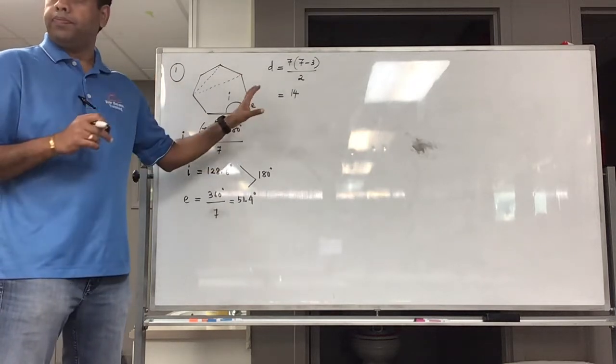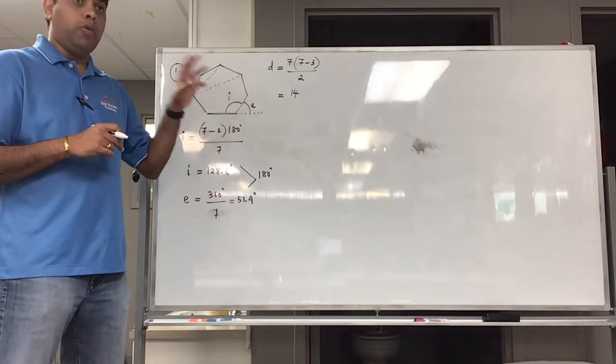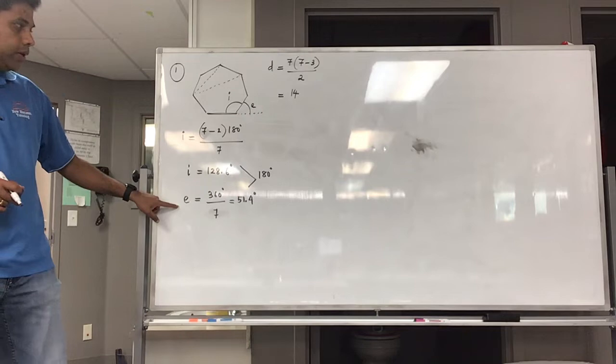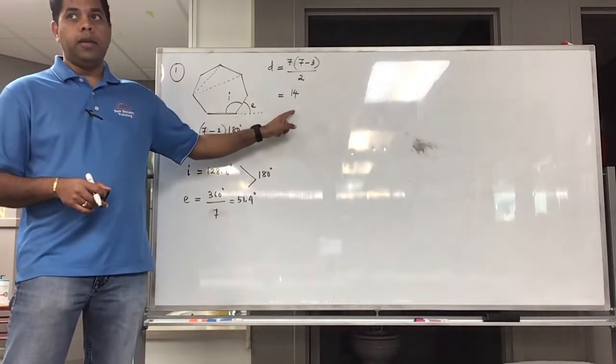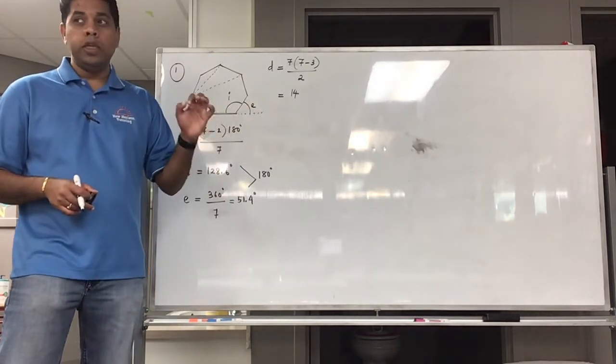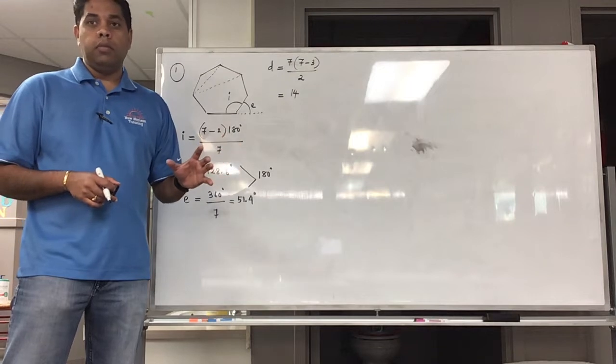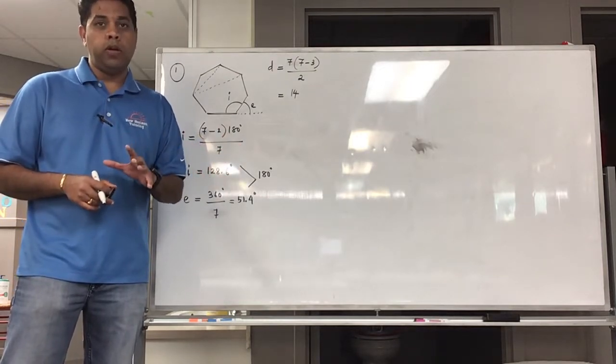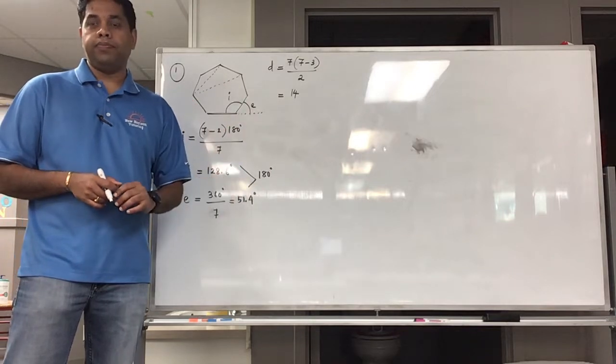You guys good? So what are the three formulas you have to know? Interior, exterior, and the number of diagonals. You got to know these three formulas. If you don't, it doesn't matter how smart you are, you're gonna have a tough time.